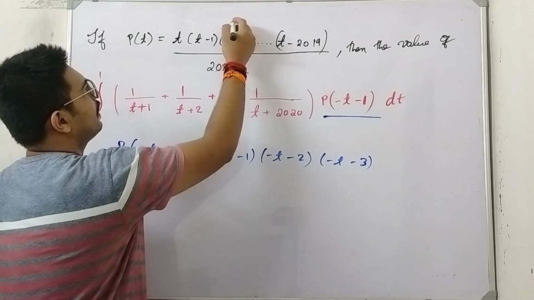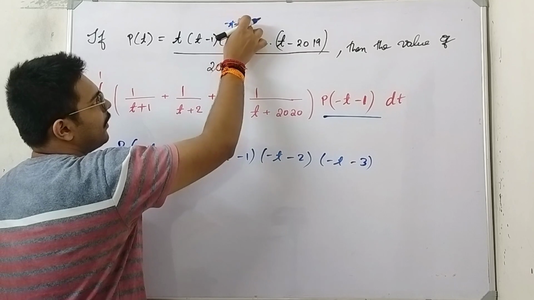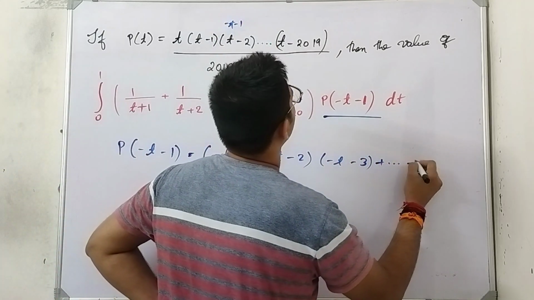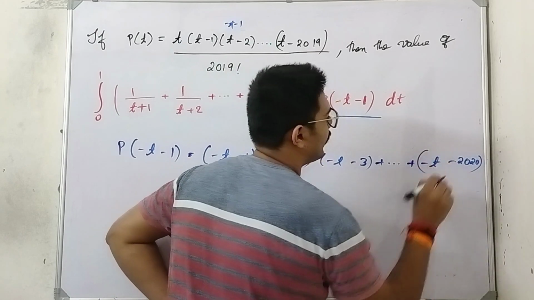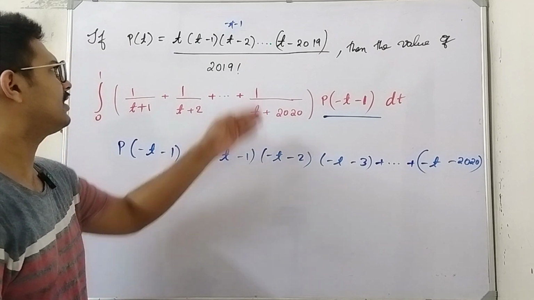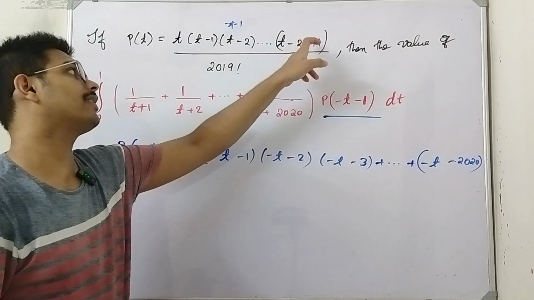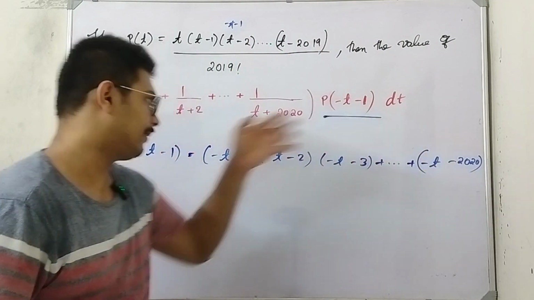Because we are just substituting, minus 1 is added to these values and the values keep increasing.